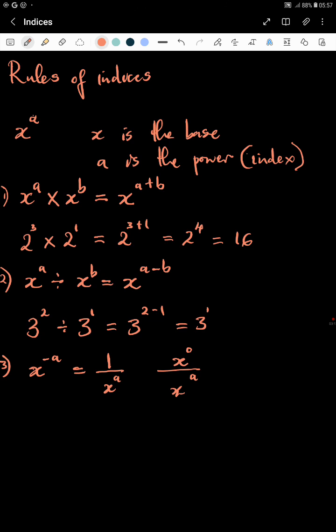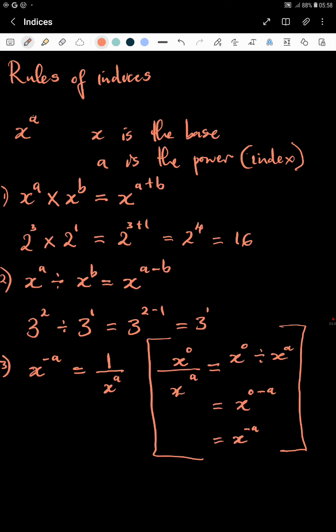If we are dividing these two numbers, we have x to the power 0 divided by x to the power a, which gives us x to the power 0 minus a, and 0 minus a will give us x to the power minus a. So this was just the proof of where this law comes from.